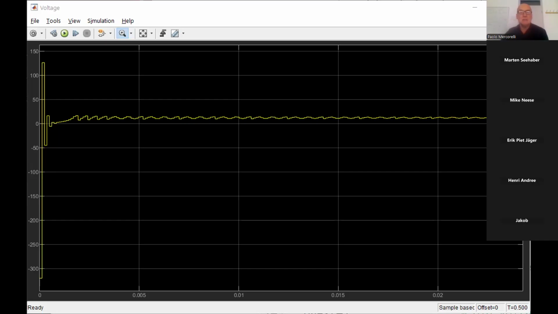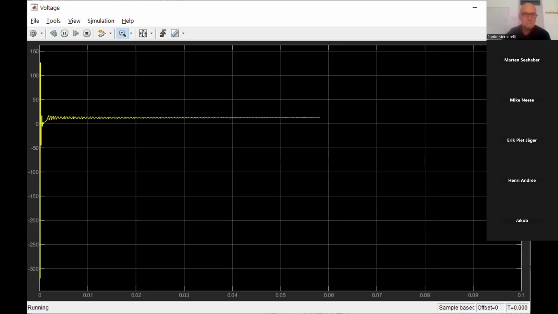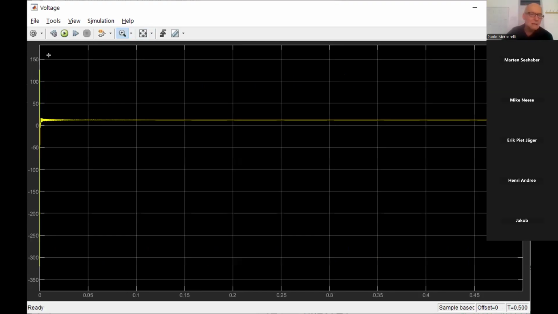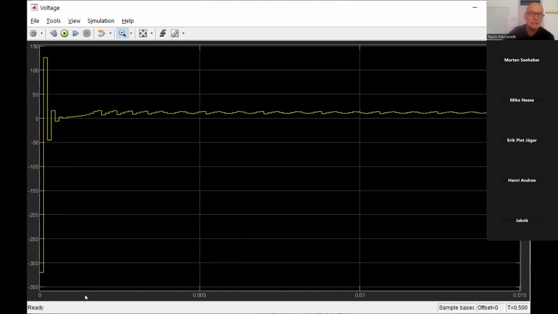Look what happens if I don't have the disturbance. Now I disconnected the disturbance. Keep in mind this input. Without the disturbance, it does not change much, just a little bit less oscillation because I didn't reduce Q. But now I can reduce Q because we don't have the disturbance.